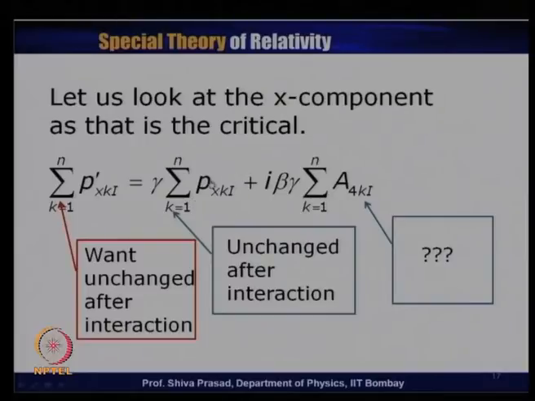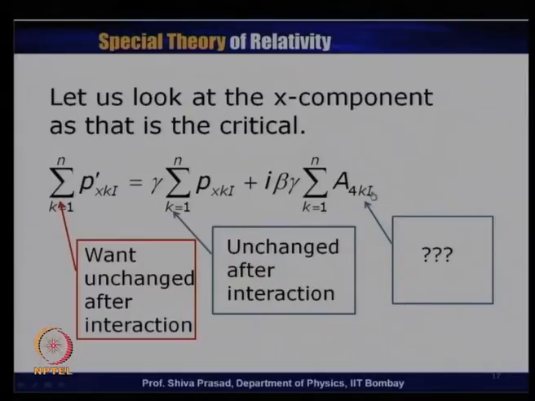Now, using this particular value, I have obtained that this will be the value of the sum of the momentum in the S prime frame of reference. And I want that after the interaction, because this has not changed, this should also not be changed. But I realize that this quantity does not solely depend on this, but it also depends on A4.